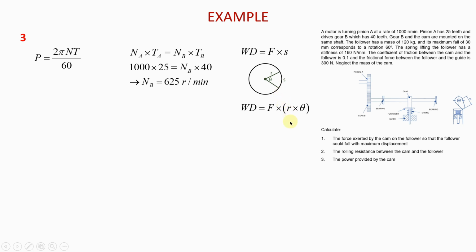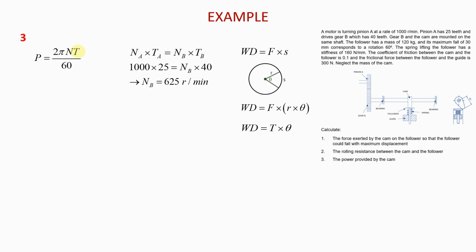It's just S, and r, of course, is the radius of the circle. You can also calculate the work done using torque. Work done is equal to torque multiplied by the angular displacement. And so to be able to find the torque, so that we can find the power provided by the cam, we will need to find the total work done by the cam.